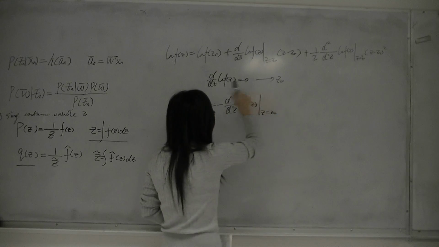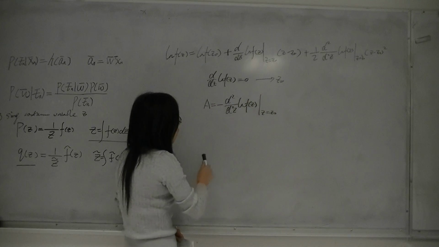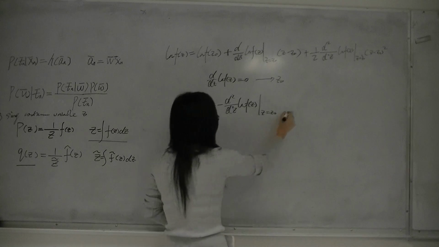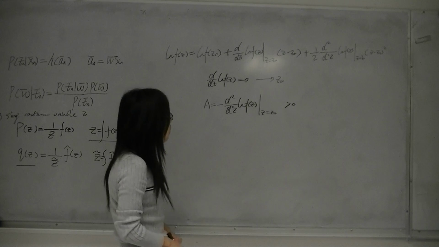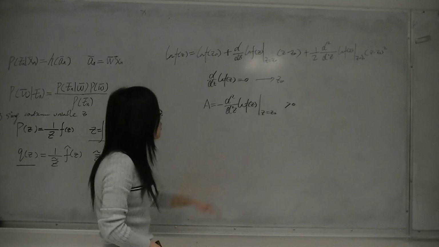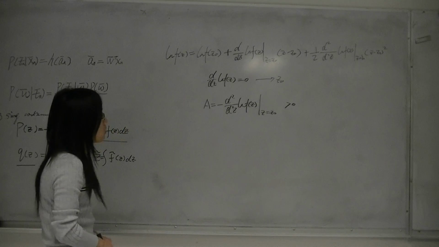By choosing the point from this equation, we can make sure that the capital A is a positive number. Later we check why the capital A should be a positive number.